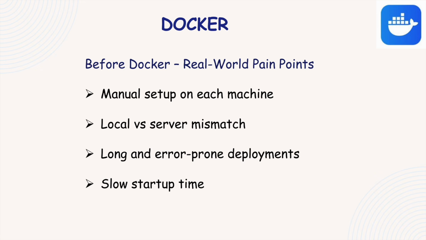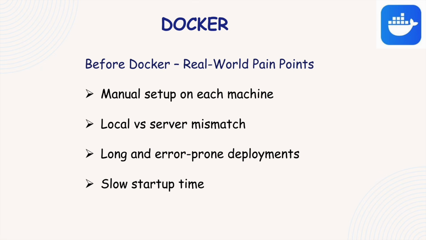And the next is, deploying applications meant copying code, setting environment variables, installing packages, often with errors and configuration mismatches. Virtual machines take minutes to boot up and start the applications, which slow down the testing and development process.